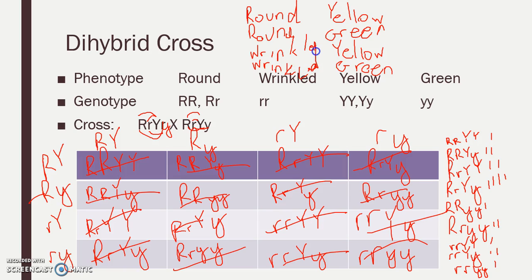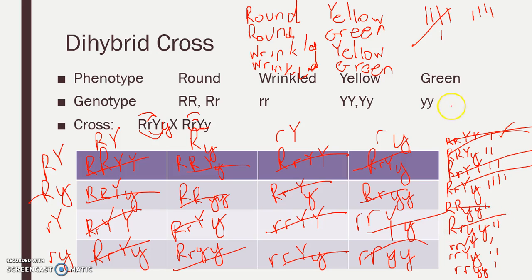Okay, so now I need to look at the chart to figure out what it is. And I look at my phenotype genotype chart. So here, that codes for round and yellow. Mark that off, or I could cross it off like that. So does this one. So does this one. And so does the last one. Okay, this is round and green.